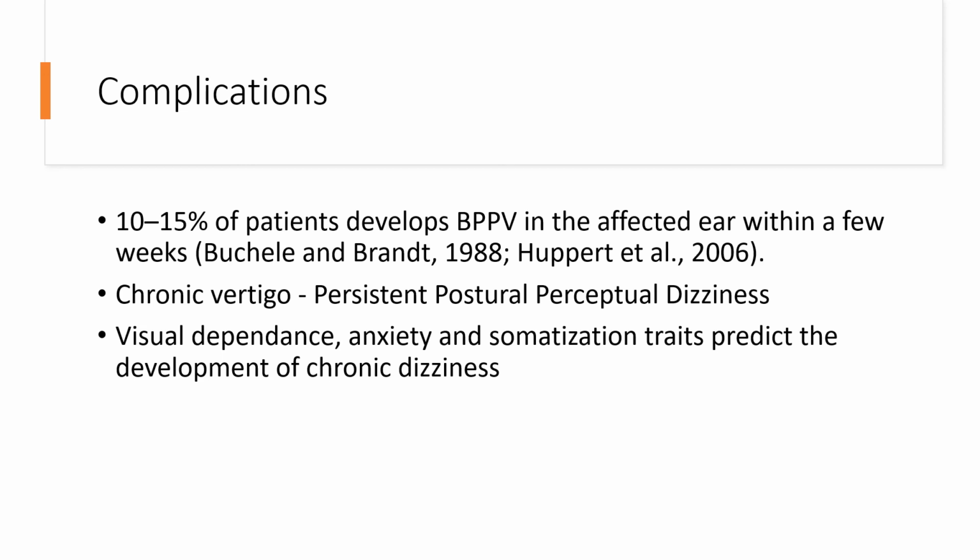It is thought that those with visual dependence, that is, who rely too much on visual stimuli for their balance, those with anxiety, those with somatization traits, and those with extreme concern about their symptoms will develop chronic dizziness.